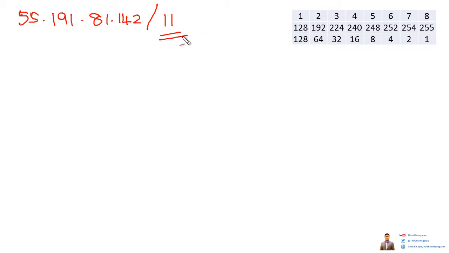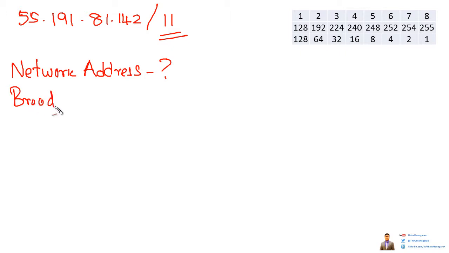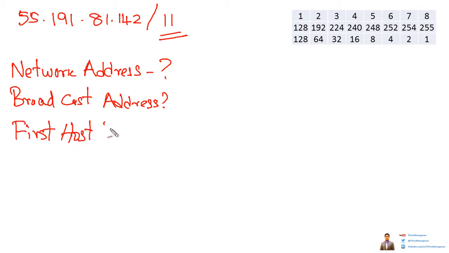So for this given address, we're going to find what the network address is, what the broadcast address is, what the first host would be, and what the last host is.